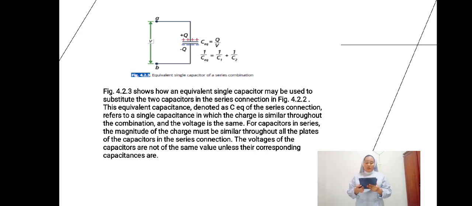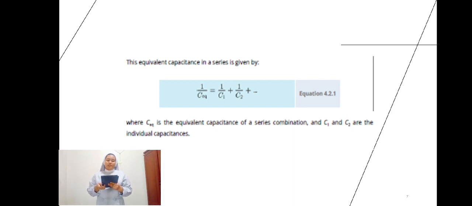So, the voltages of the capacitors are not of the same value unless their corresponding capacitances are. The equivalent capacitance in series is given by the equation 1 over CEQ equals 1 over C1 plus 1 over C2 plus so on, where CEQ is the equivalent capacitance of the series combination and C1 and C2 are the individual capacitances.